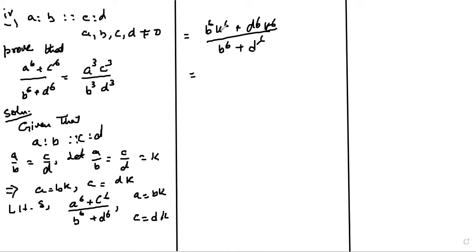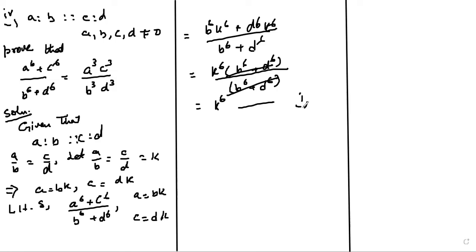So taking K6 common, we have B6 plus D6 on the numerator and B6 plus D6 on the denominator as well. So it will be cut, and we have K raised to the power 6 on the left hand side. Let's give it number 1.